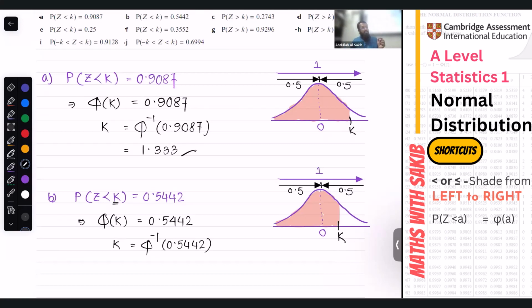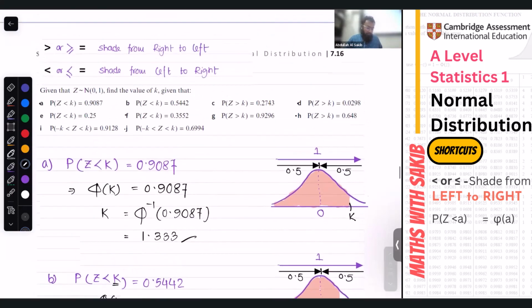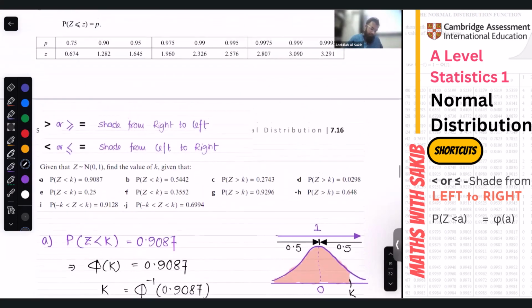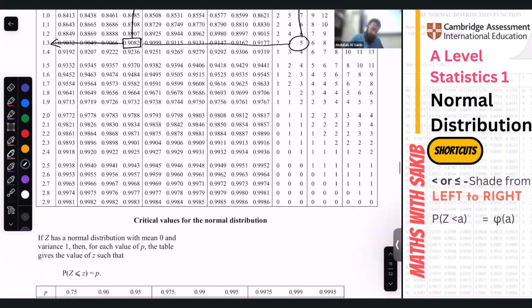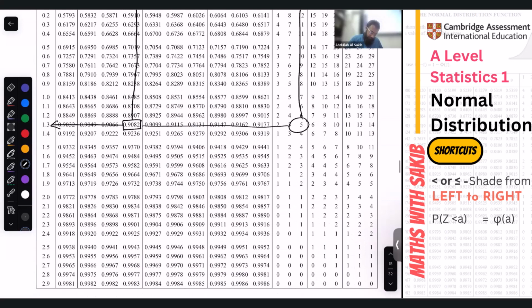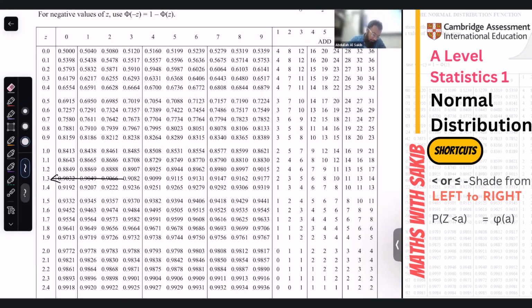So I need to know the value of K, but the probability is 0.5442. So let's find the probability 0.5442. Let's go back to our table. So 5442. 544 here.